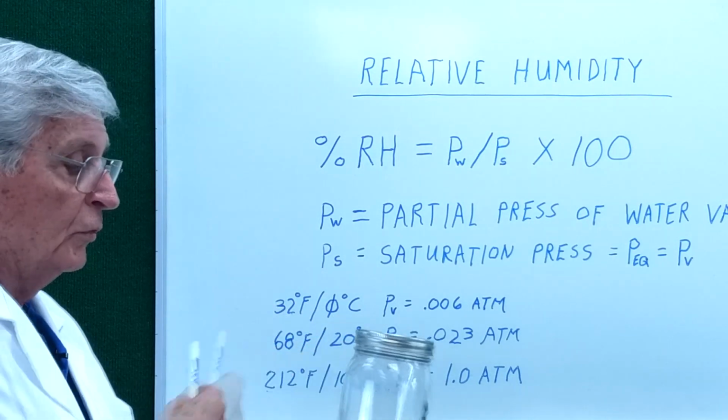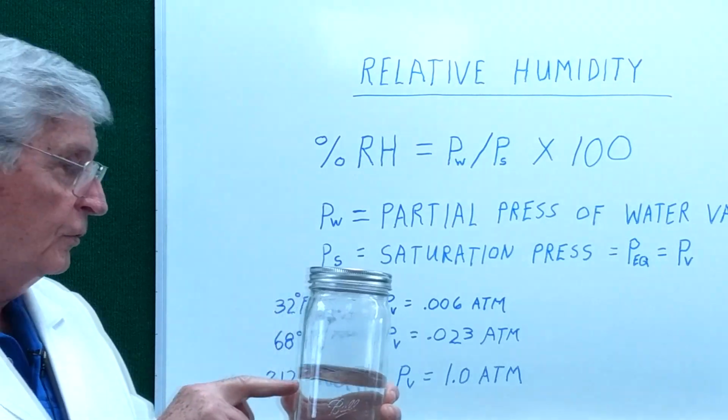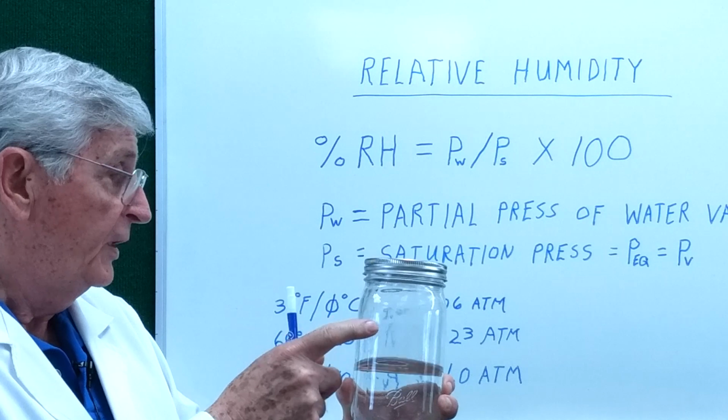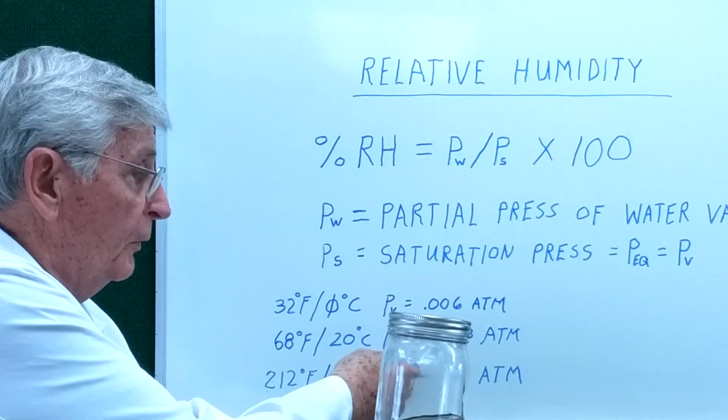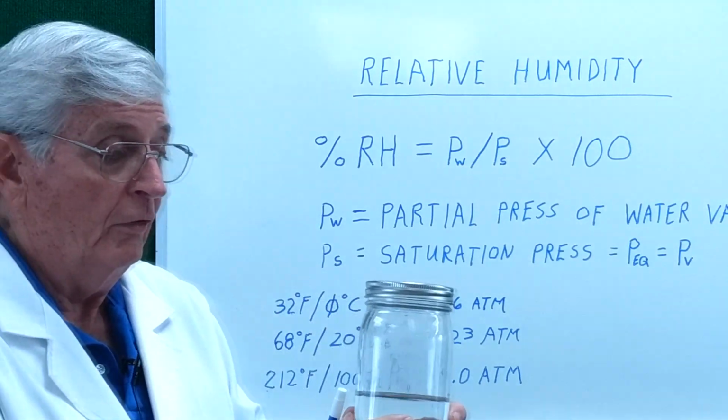So if everything's at room temperature, this water wants to make this volume here 2.3% water vapor by volume.